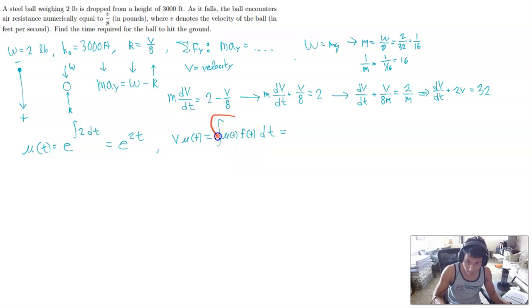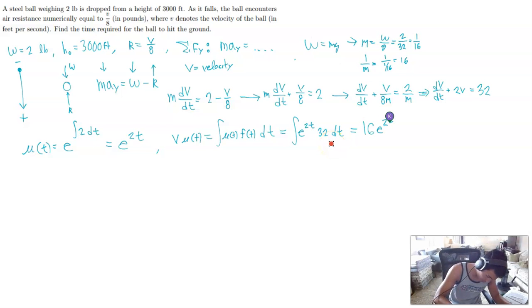So mu of t is e to the 2t, and then f of t is 32, so times 32 dt. If we do this, you take its antiderivative, it's going to be divided by 2. So it's 32 divided by 2, which is 16 e to the 2t plus some constant c that we don't know.